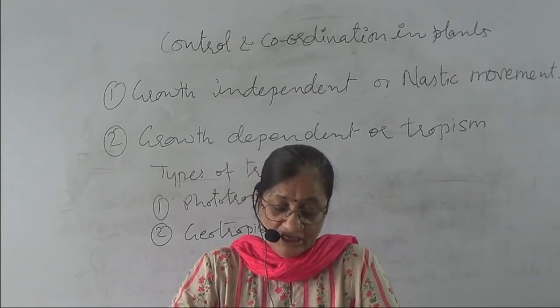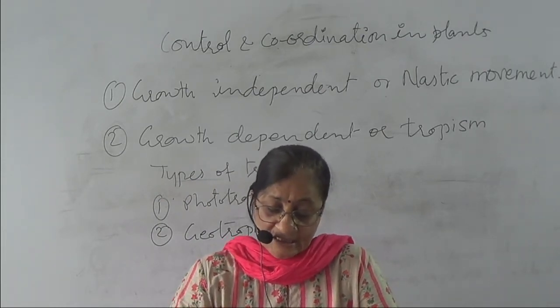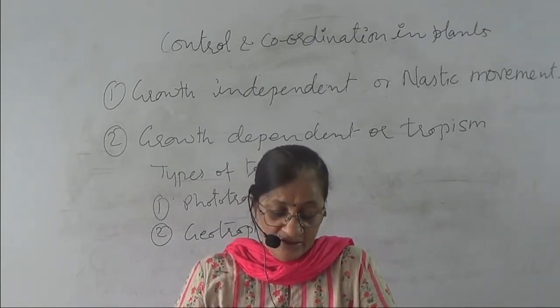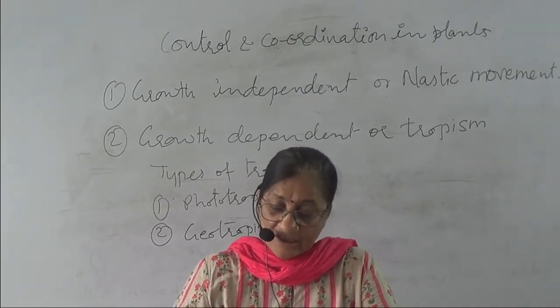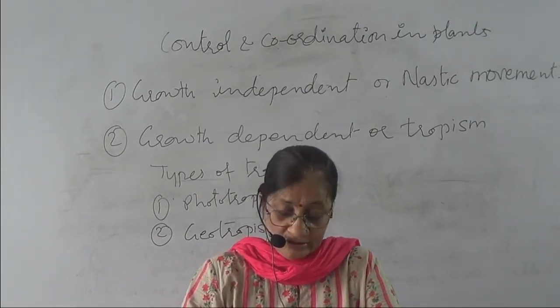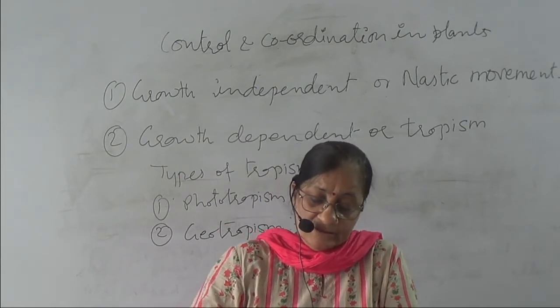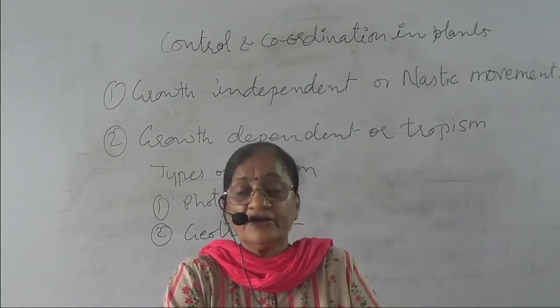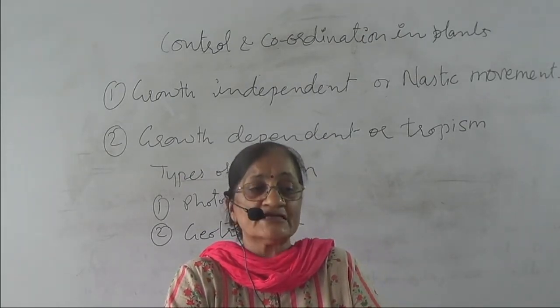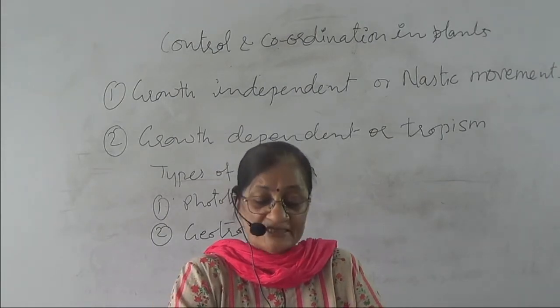So meaning of geotropism is, it is the directional movement of plant part in response to gravity. Mean directional movement of plant part in response to gravity is called as geotropism.